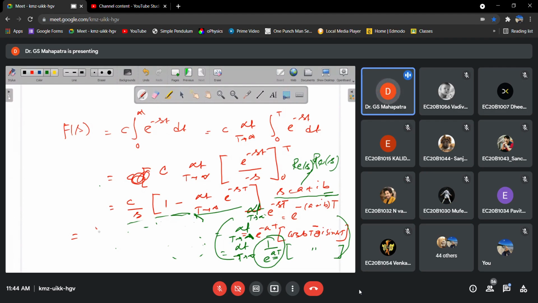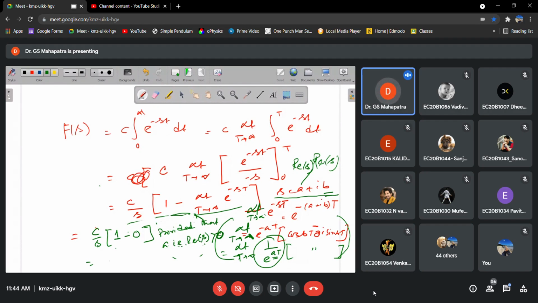So we can write c by s times 1 minus, if a is greater than 0, this limit tends to 0. So 1 minus 0, provided that a, that is the real part of s, is greater than 0, correct?